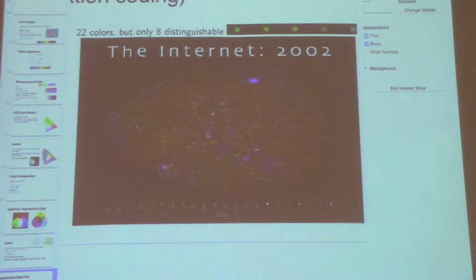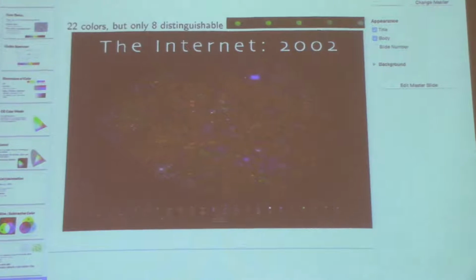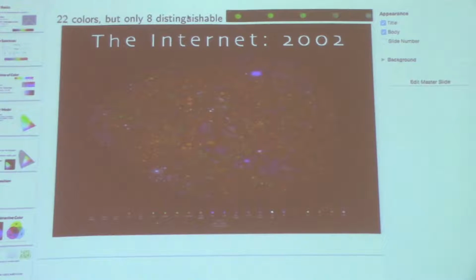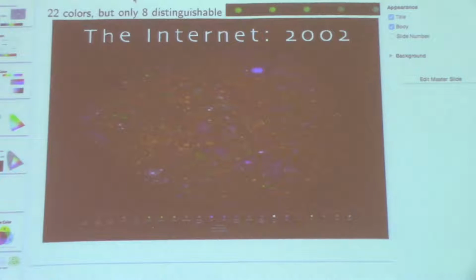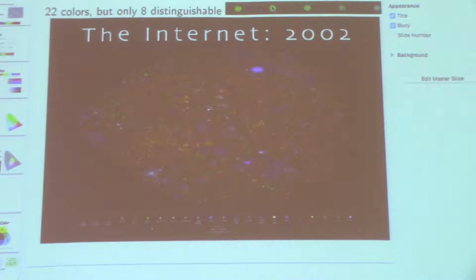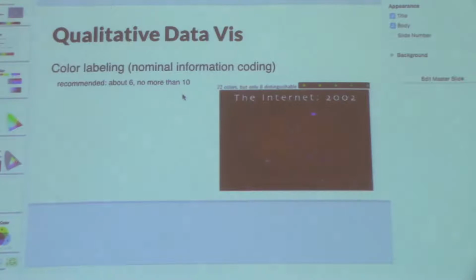This is a visualization of the internet, and it uses about 20 different color scales, and almost 5 different shades of green, for example. You can tell this is brighter than this one if they're next to each other, but you can't really tell if this spot here is this type of green or this spot here is this type of green. This is also a hairball graph, and we'll talk about this too.